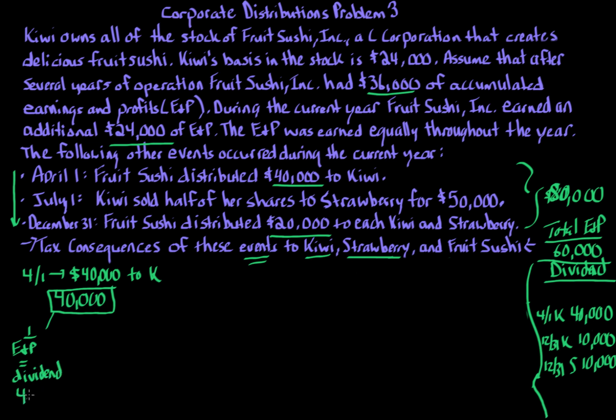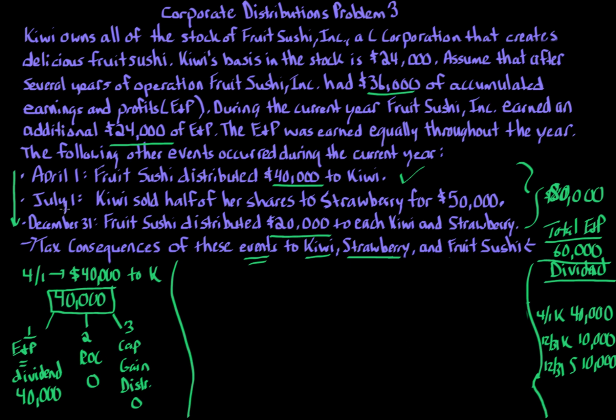That was what that chart helped us do. So that means that number 2, return of capital, ROC, is 0. And then number 3, capital gain distribution, is also 0. So that's the consequences with respect to April 1st to Kiwi. The $40,000 is all a dividend.